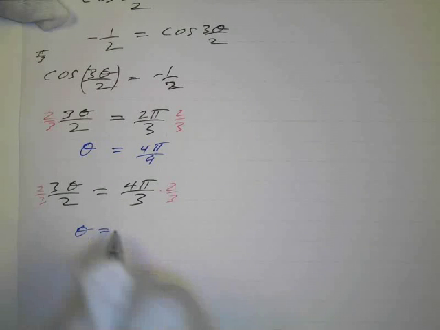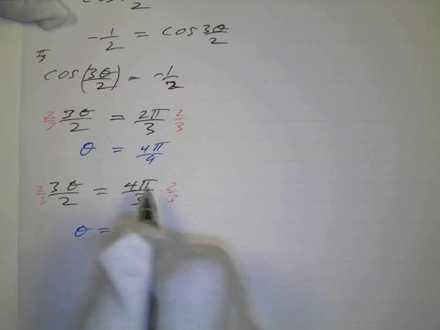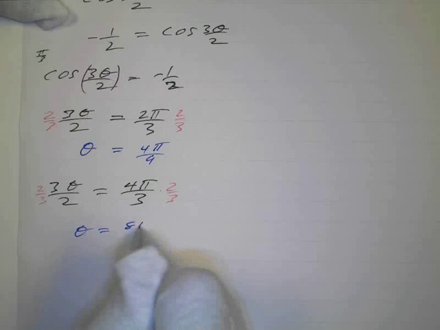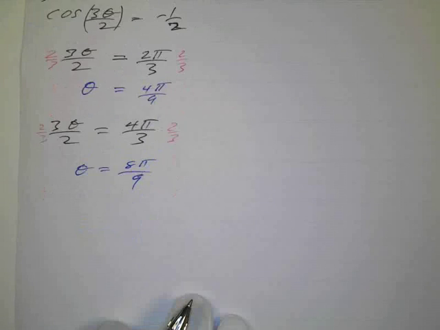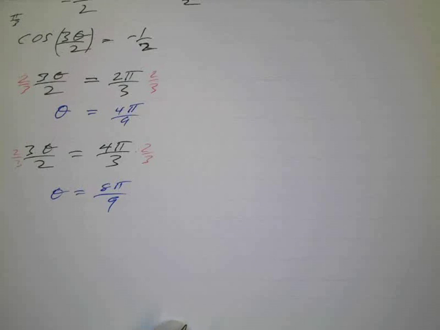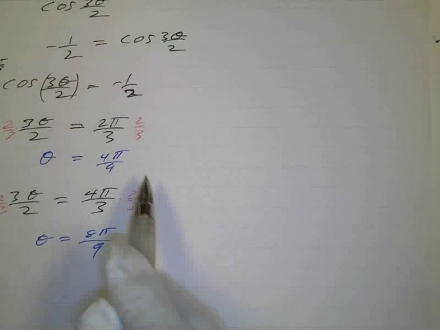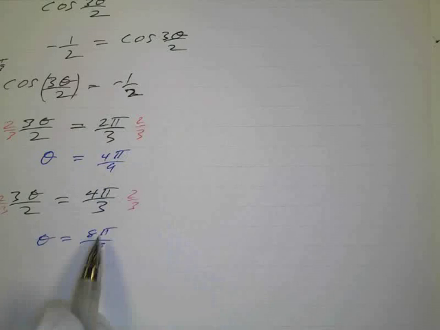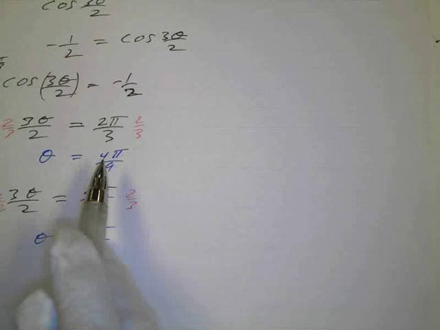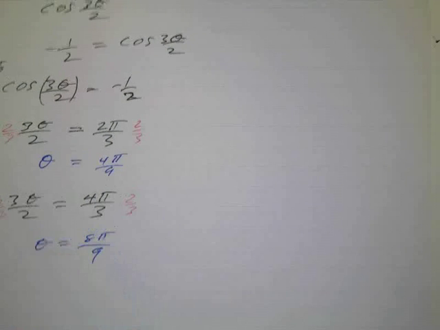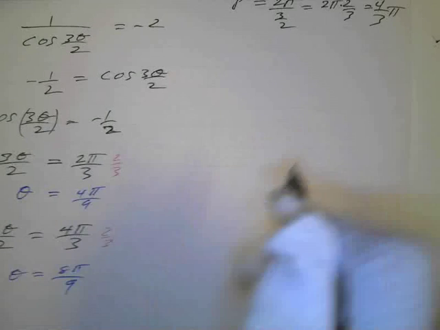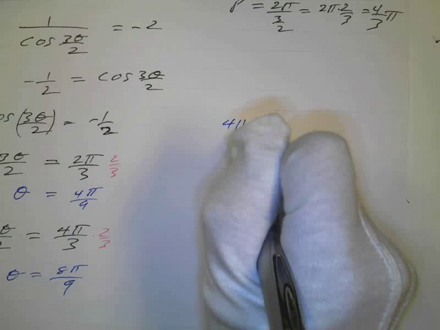And here I end up with theta equal 8 pi over 9. Okay, so those are my two basic angles, but then remember, we have to add a period to each of these. These are my two basic solutions, pardon me, and I have to add a period to each, and the period is 4 pi over 3.